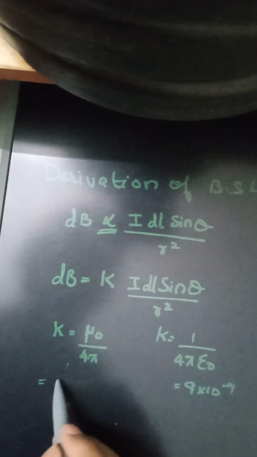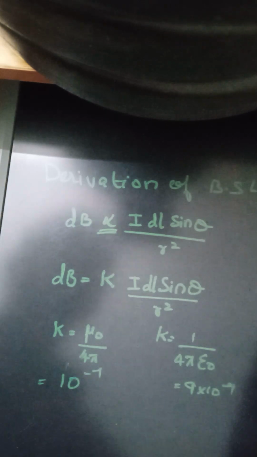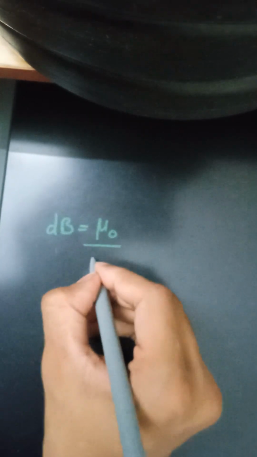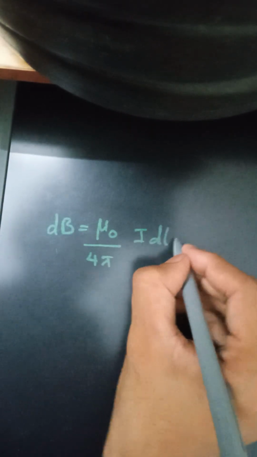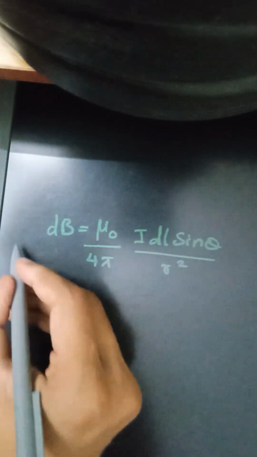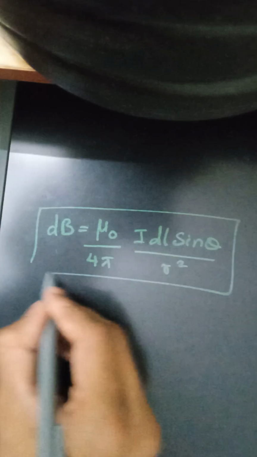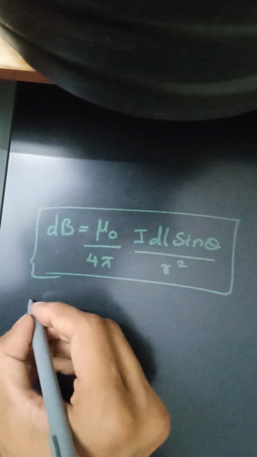In this chapter we have this constant value as 10 to the power minus 7. So the final equation of Biot-Savart law will be mu naught by 4 pi into I dl sine theta by r square. Guys, note it down. This is the equation for Biot-Savart law.